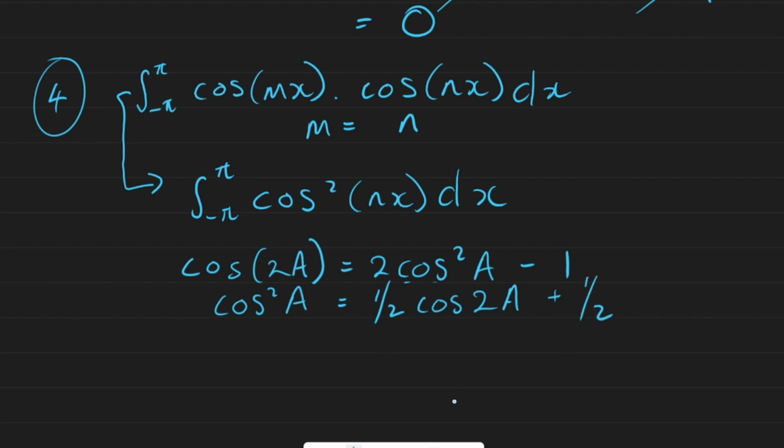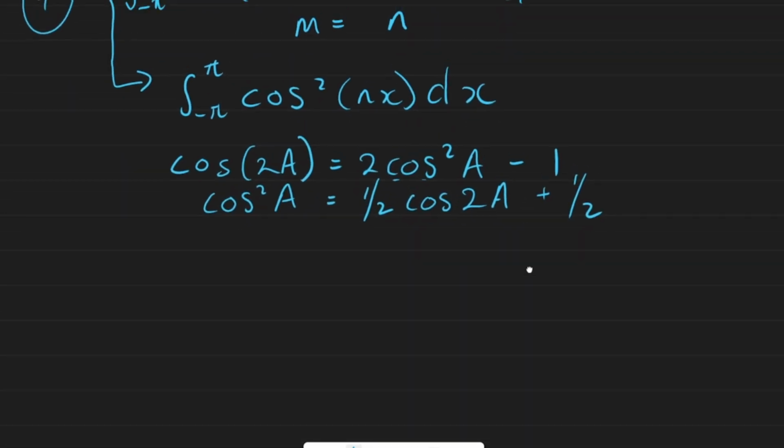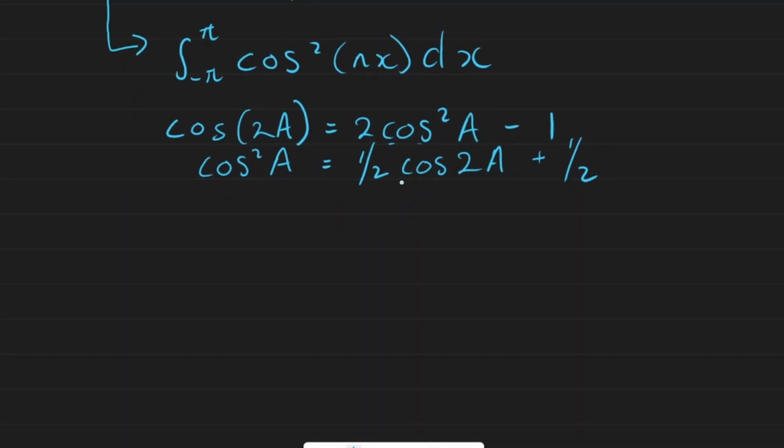Take the 1 to the other side. So now we can substitute that in. And when we do that, what we get is the integral from minus pi to pi of a half cos 2nx, that's what the 2 is here, plus a half.